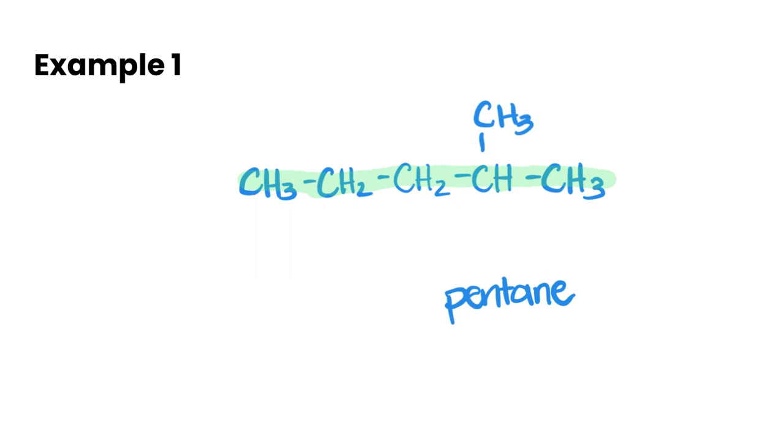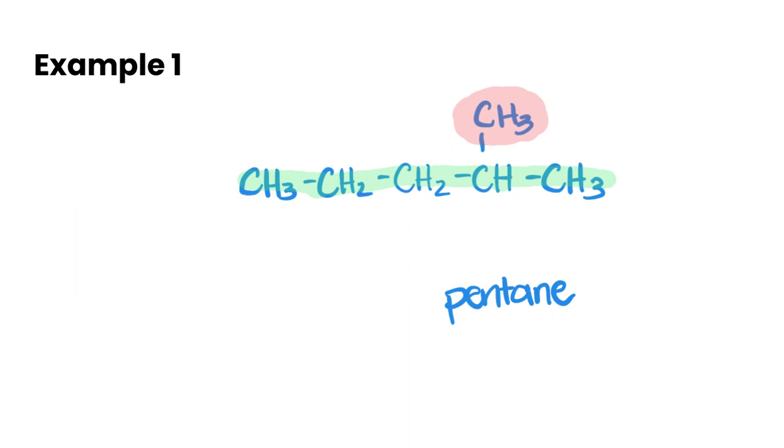Now, we do have a substituent group, so anything that we didn't identify as the longest chain is a substituent group. It's a branch. So I'm just going to highlight that in red there. And then our rules say we need to number our carbon chain to give our substituent groups the lowest possible combination of numbers.